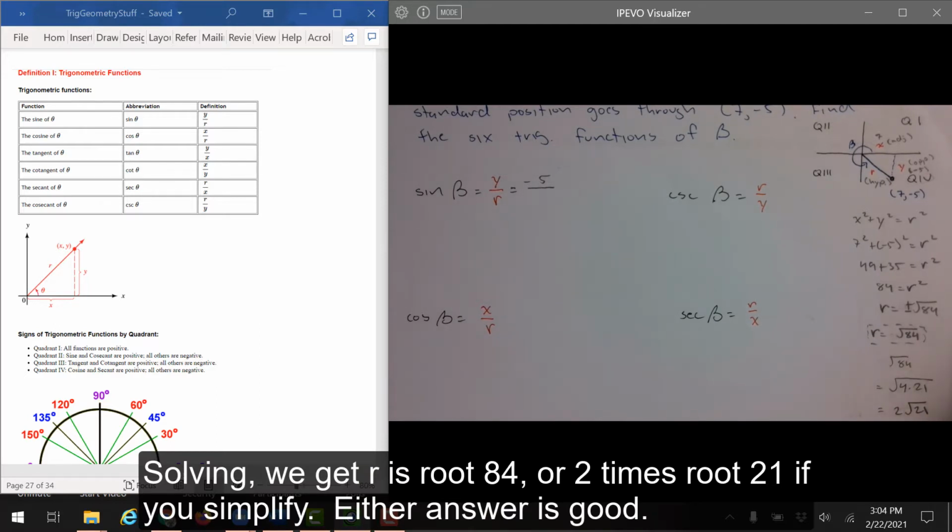Solving, we get r is root 84, or 2 times root 21 if you simplify. Either answer is good.